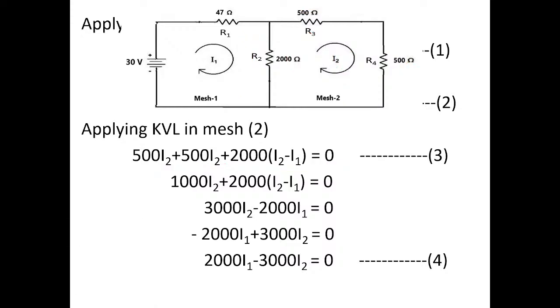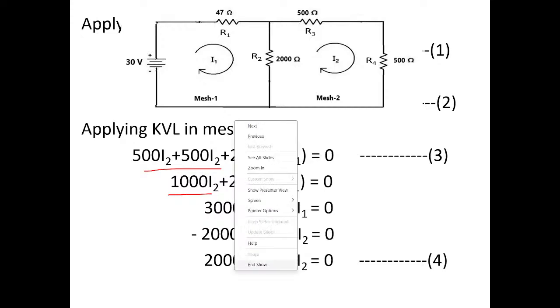Okay, now expand it. 500 plus 500, you just add these two, you will get 1000 I2. And here I have kept it as it is, 2000 into I2 minus I1. And later, what did I do? I might have expanded this. I didn't do that. It's okay.